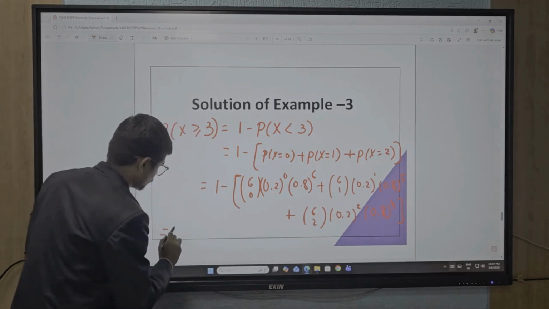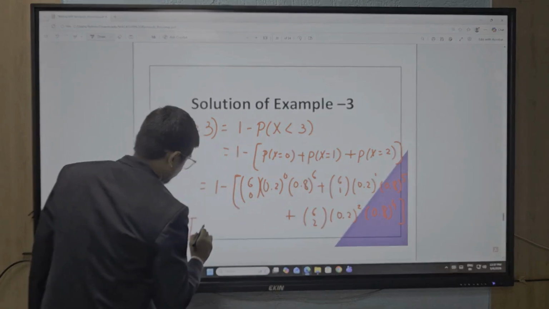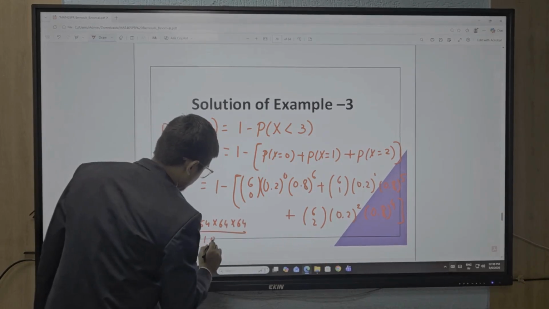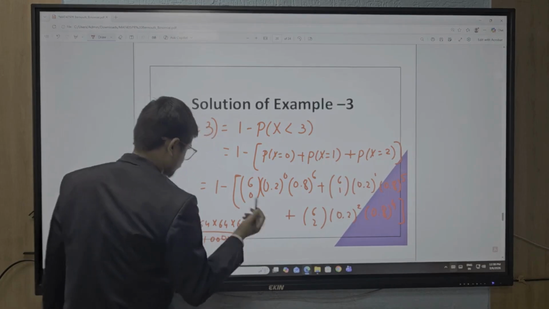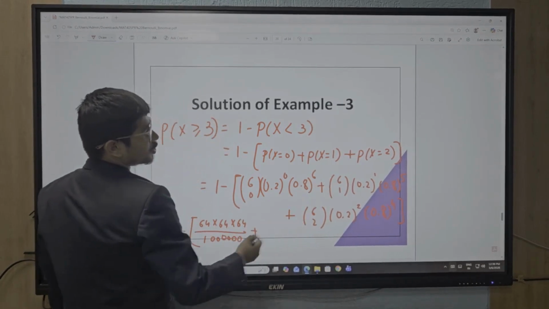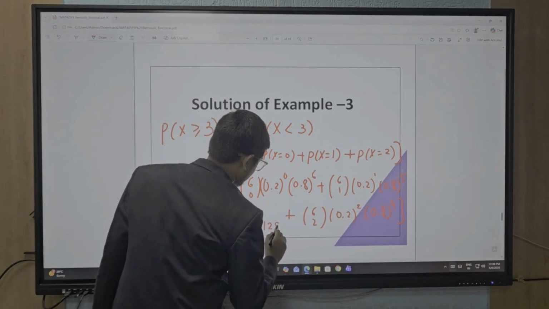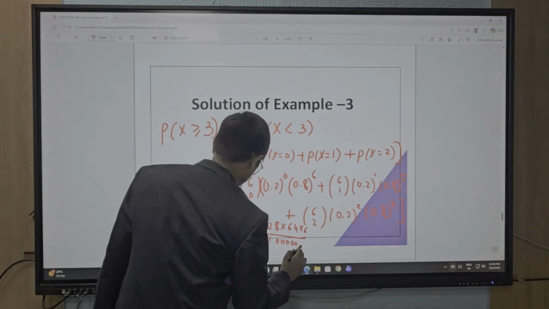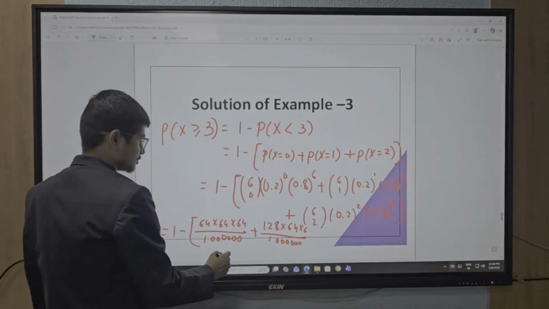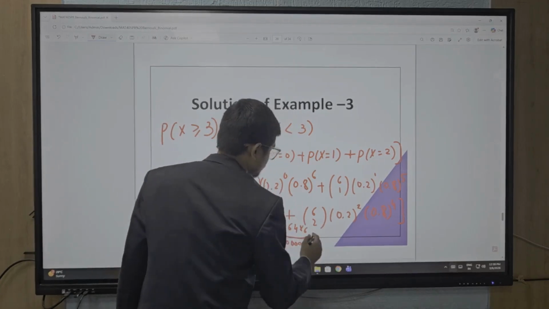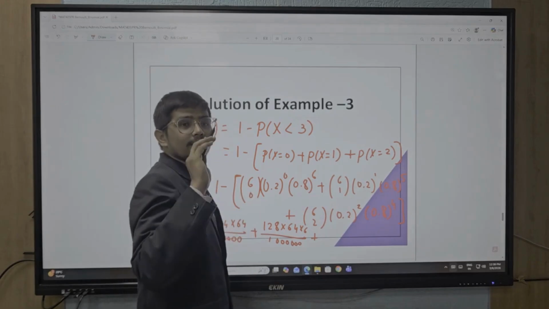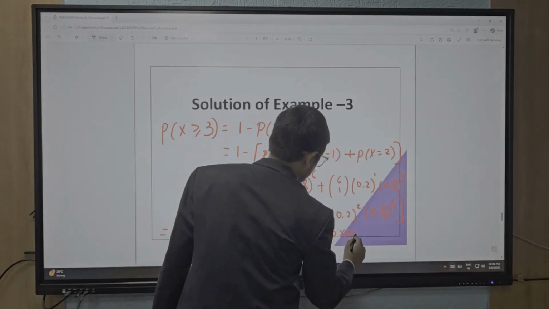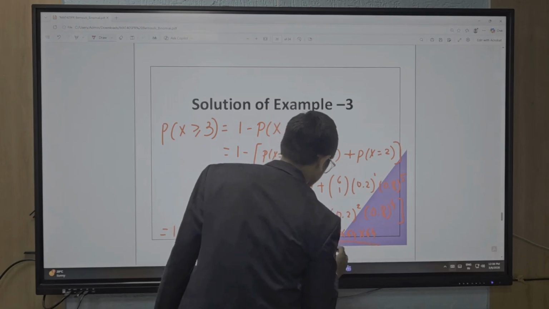So 1 minus 0.8 raised to 6 means 64 into 64 into 64 divided by 10 to the power 6, plus 6 into 2 means 128 into 64 into 64 divided by 10 to the power 6, plus 6C2, which is nothing but 15. 15 into 4 means 60 into 64 into 64 divided by 10 to the power 6.